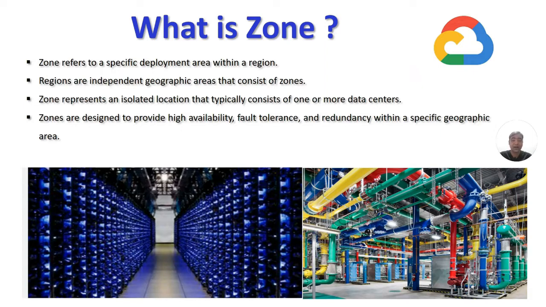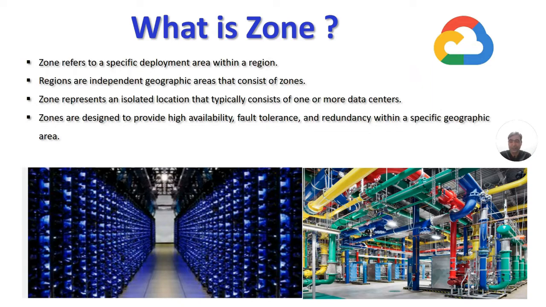Each zone has its own identifier, such as Central 1A, Europe West 1B, Asia Southeast 1C, indicating the region's unique identifier for the zone within that region. It means each zone has its unique name so that you can easily identify the zones in which you can deploy your application in Google Cloud Platform.